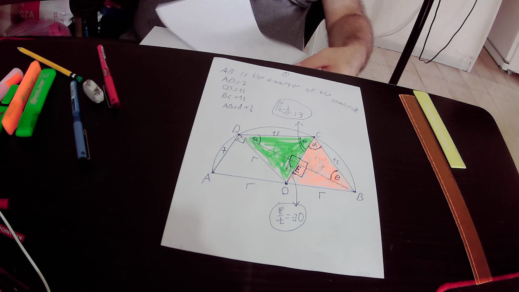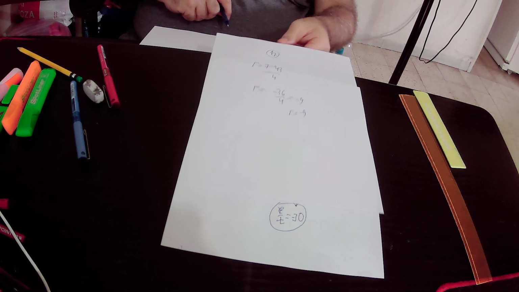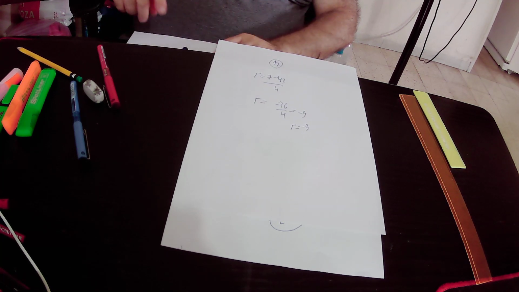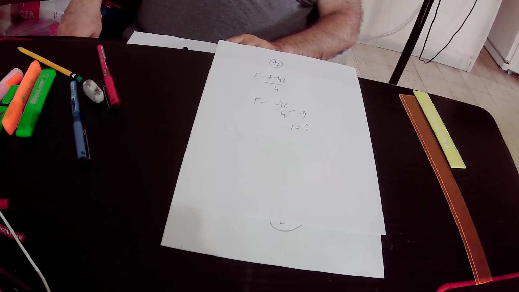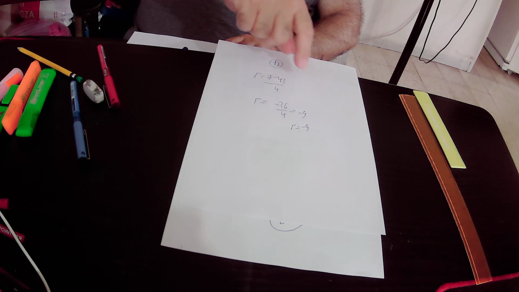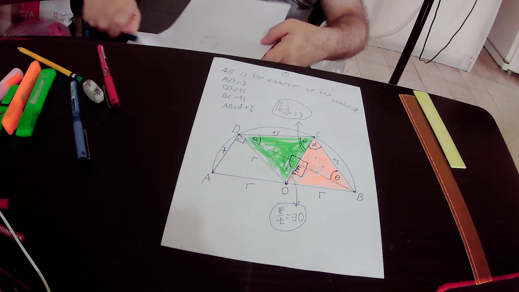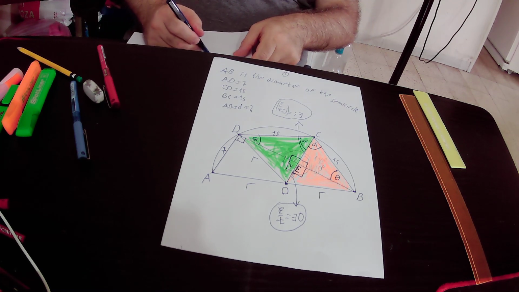So the second solution to the quadratic equation is r equals minus 9, but because r is the radius of the semicircle, it must be a positive number, it can never be negative. So this possibility is an incorrect answer, and we are left only with the possibility that the radius of the semicircle equals 12.5 units.